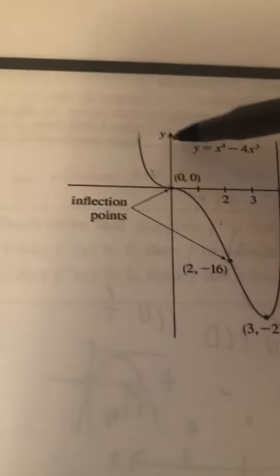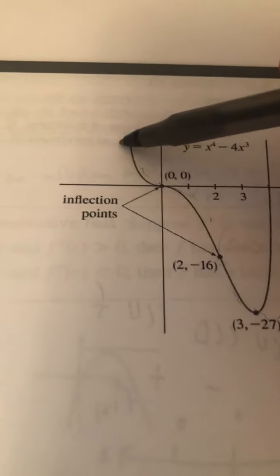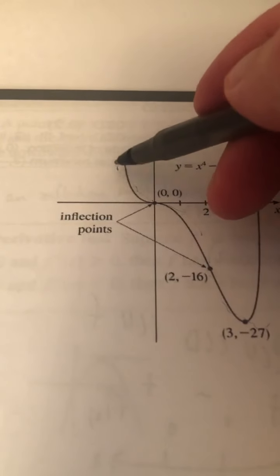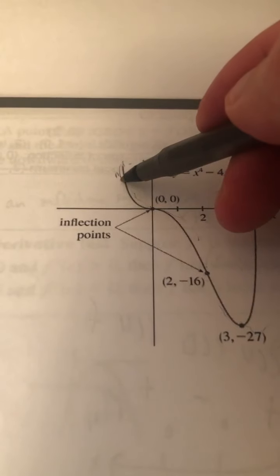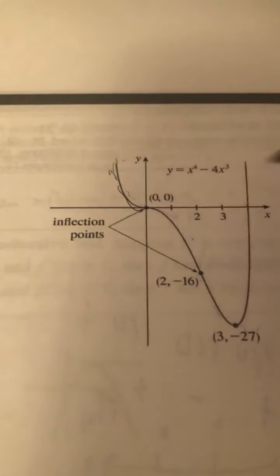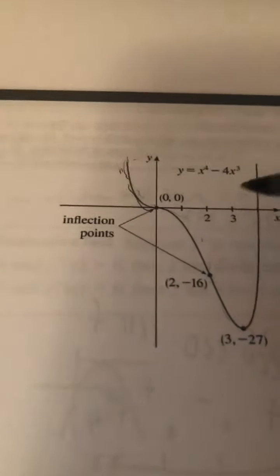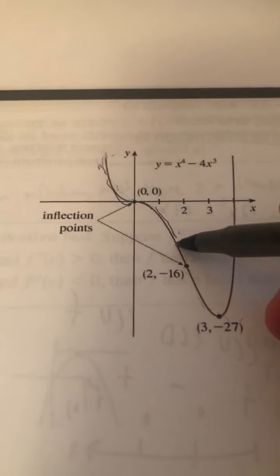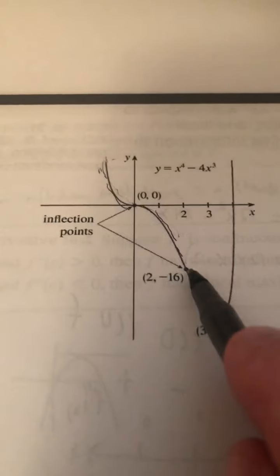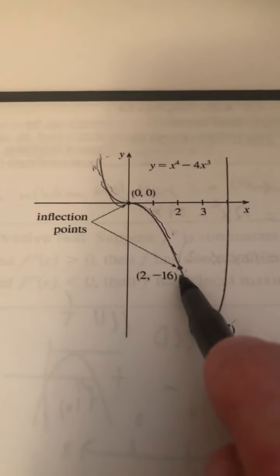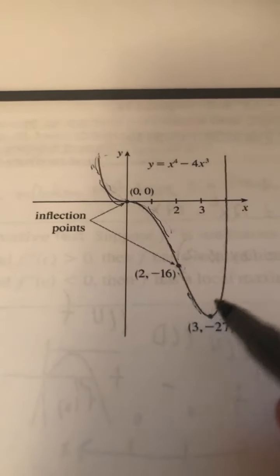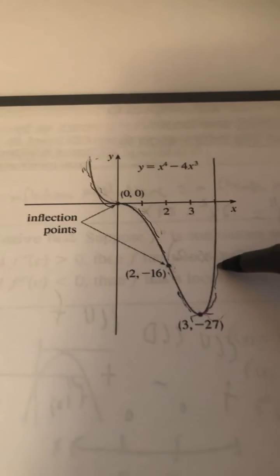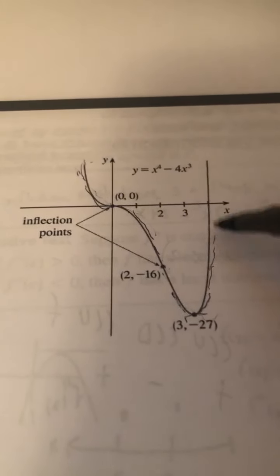If the curve is concave up, this means that the curve is always lying above the tangent lines, and if the curve is concave down, the curve is always lying below its tangent lines in that interval. And then again at x equal to 2, if we draw more tangent lines, we see that from 2 onward, the curve is always lying above its tangent lines, hence it is concave up there.